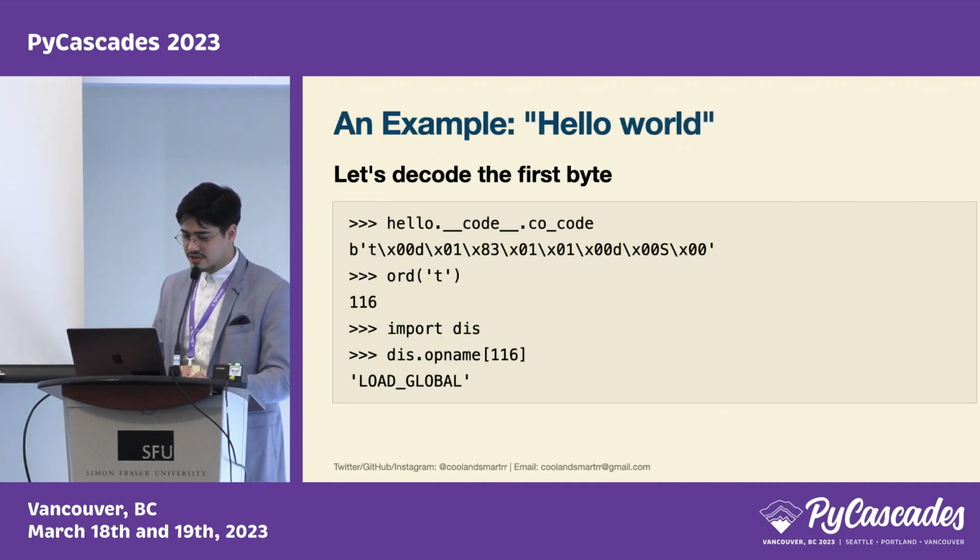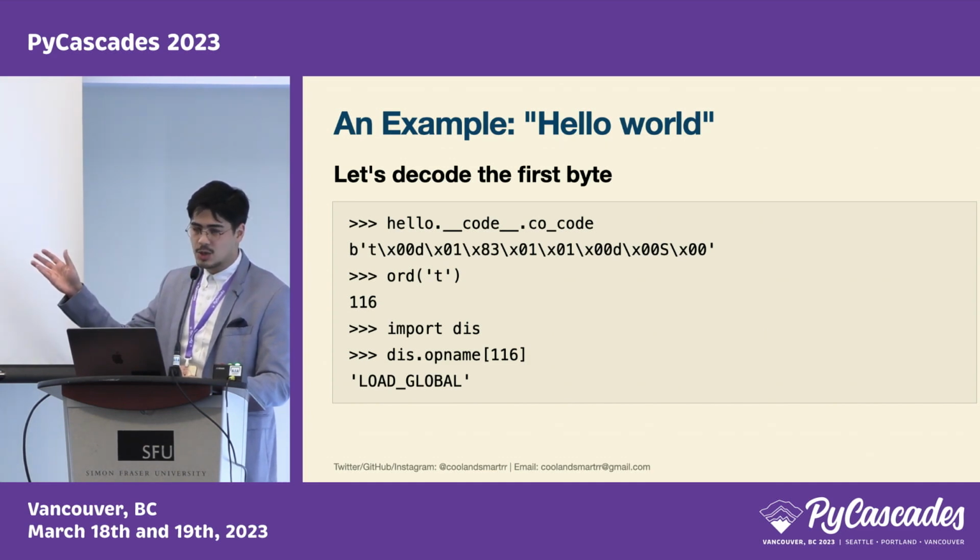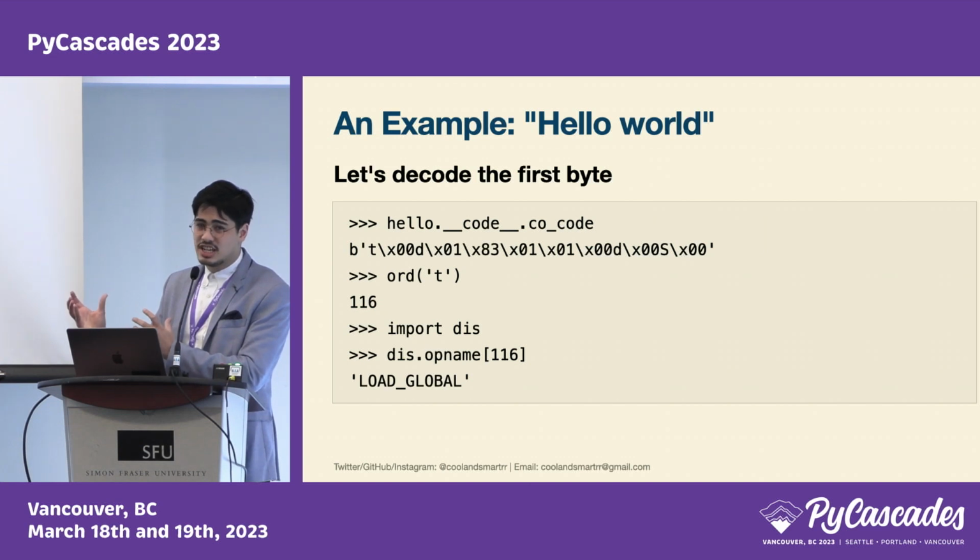So if we try to understand what's going on with the bytecode, the best way to do that is to read each letter. So in Python, there's this module called dis that we can use. If we look at the code that we have right now, the first letter is T. So we look at what T is represented as a number.